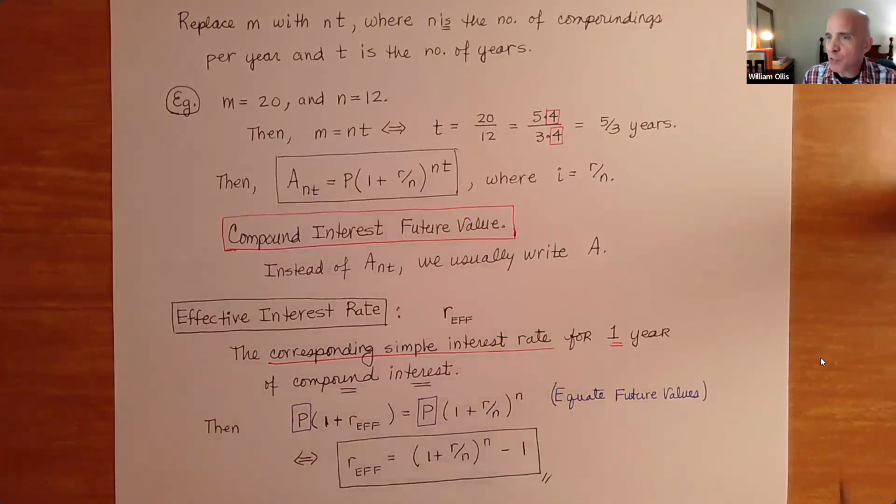So you're thinking that's really simple, and it is. The P's cancel, and then if you solve for the effective rate, you just basically subtract 1 from (1 + R/N) raised to the N power. So this gives the corresponding simple interest rate for N compoundings per year.